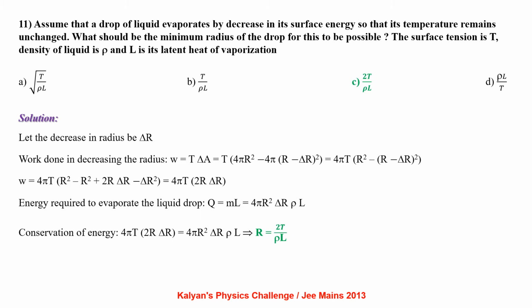Energy required to evaporate the liquid drop, Q equals mL, that is 4 pi r squared delta r rho L. So from conservation of energy, we have 4 pi T 2r delta r equals 4 pi r squared delta r rho L, which gives us the radius to be 2T by rho L.